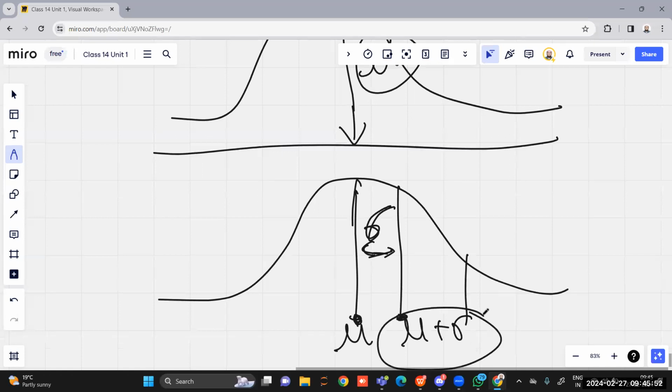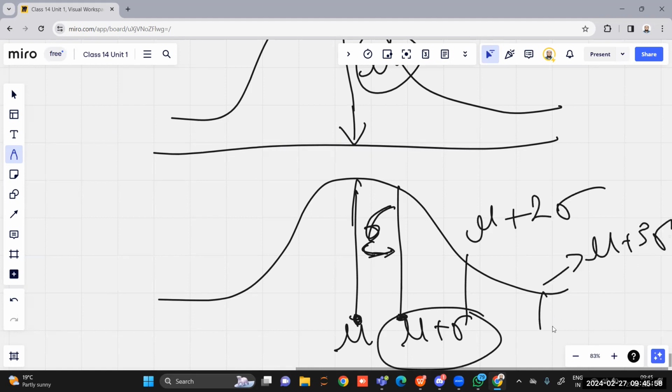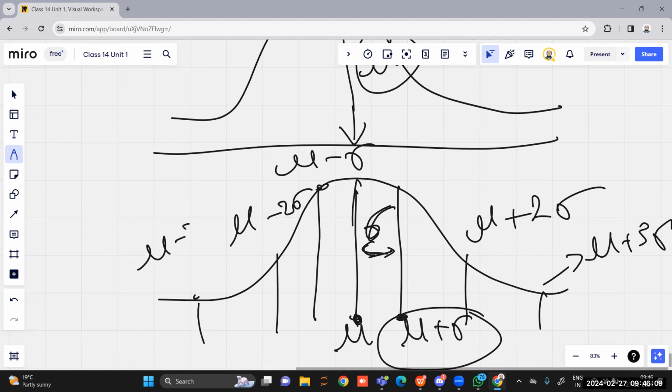Adding one more sigma gives mu plus 2 sigma, and one more gives mu plus 3 sigma. If we subtract, the first point is mu minus sigma, the second is mu minus 2 sigma, and the third is mu minus 3 sigma.